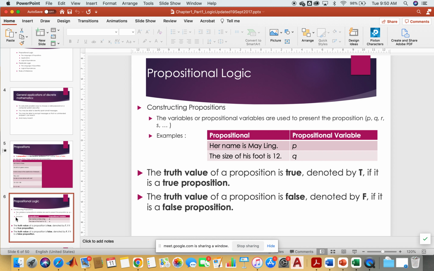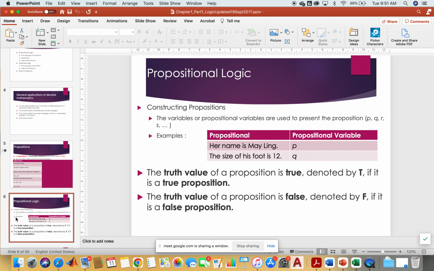We have a proposition, and we can present the proposition by using propositional variables. For those who have experience doing programming, when you start to do programming, you need to declare a variable. Remember?